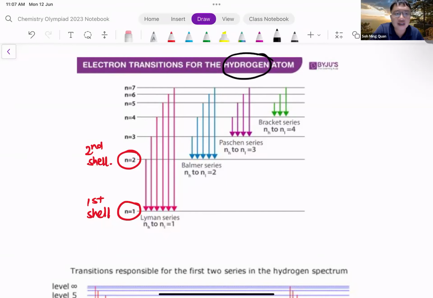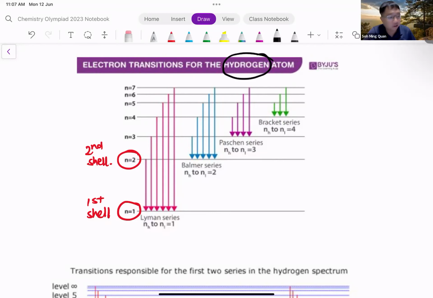So why is there second shell, third shell, fourth shell? Well, the shells are always there. It is just that usually the shells are empty. So in hydrogen, the second shell is empty, the third shell is empty, the fourth shell is empty, and so on. But the shells are there, right?